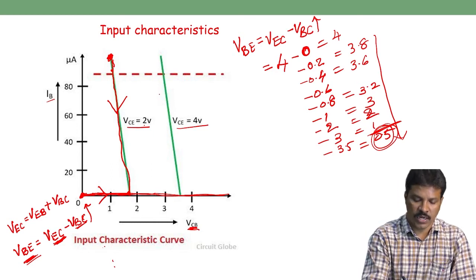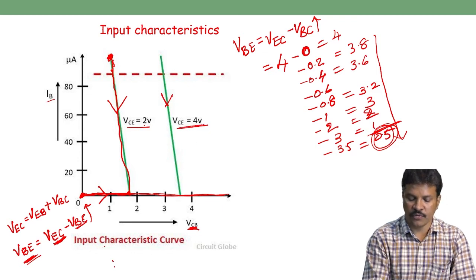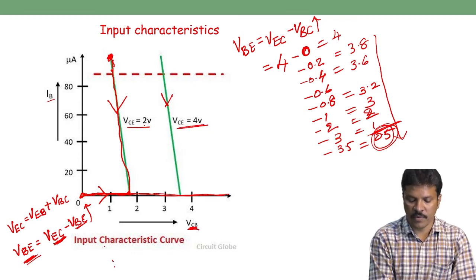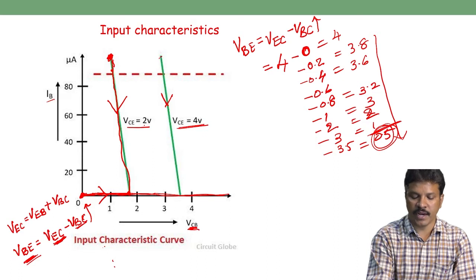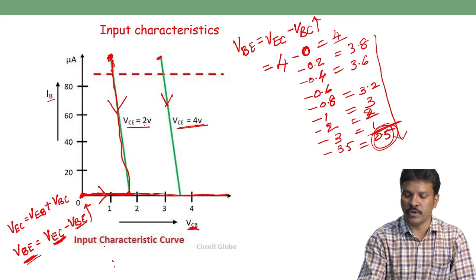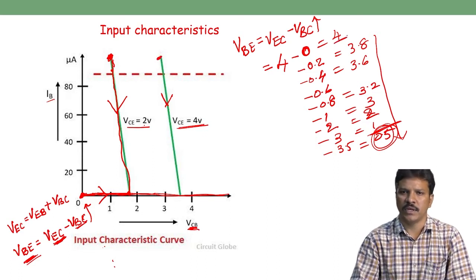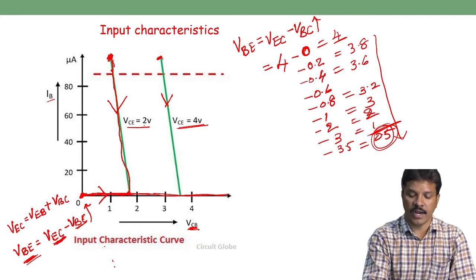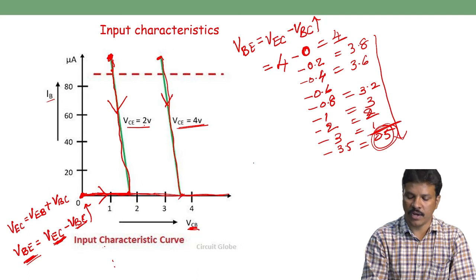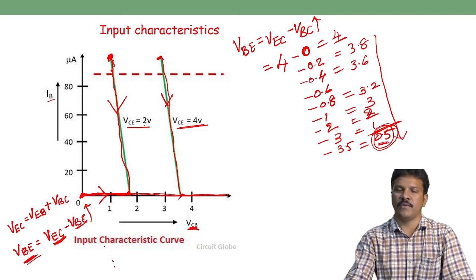So the direction for this graph is VC equal to 4, starting from VBC 0. The maximum current is due to VB equal to 4 volts. Then the current IB decreases until it reaches 0 when it gets less than the cut-in voltage.